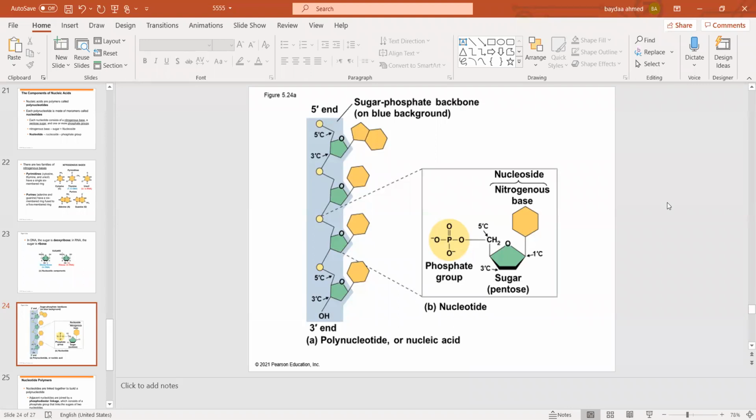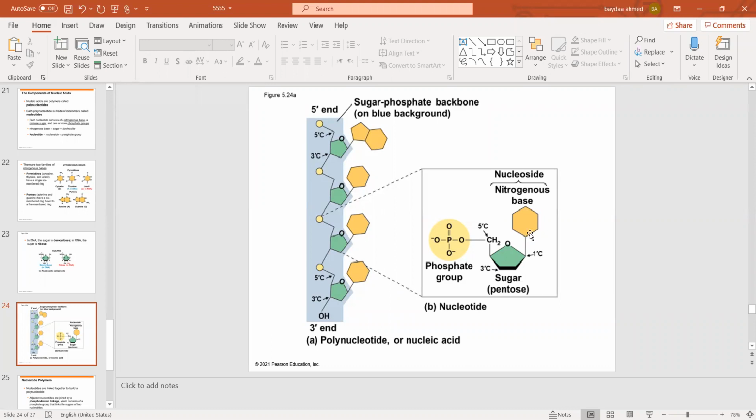So far, we have built a nucleoside, a base attached to the carbon sugar. These two components we call a nucleoside, and a nucleoside plus phosphate group forms a nucleotide. When we say nucleoside, we mean nitrogenous base with the pentose 5-carbon sugar.